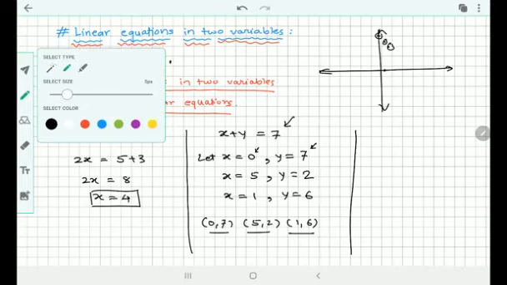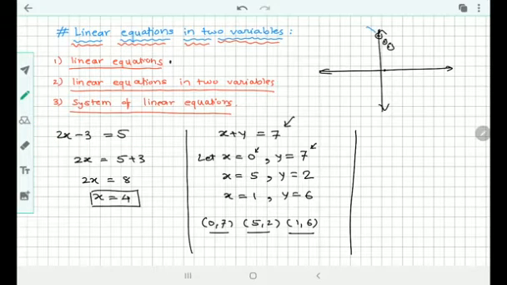You can understand from the graph that it's a straight line. Maybe that is the reason this equation is called a linear equation, because all the points that satisfy this equation are collinear.